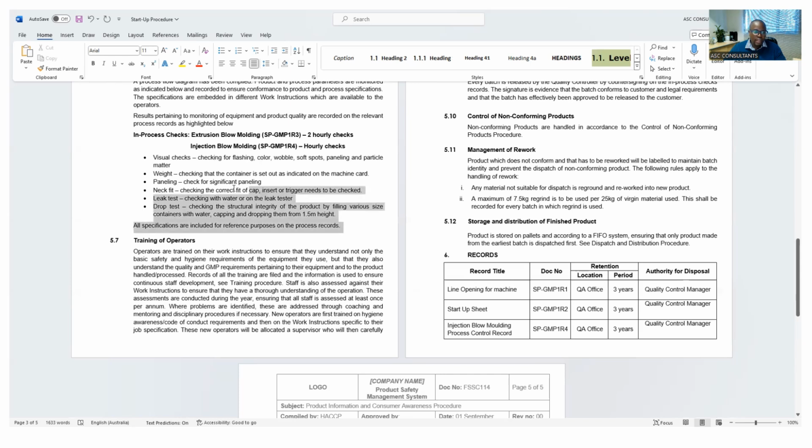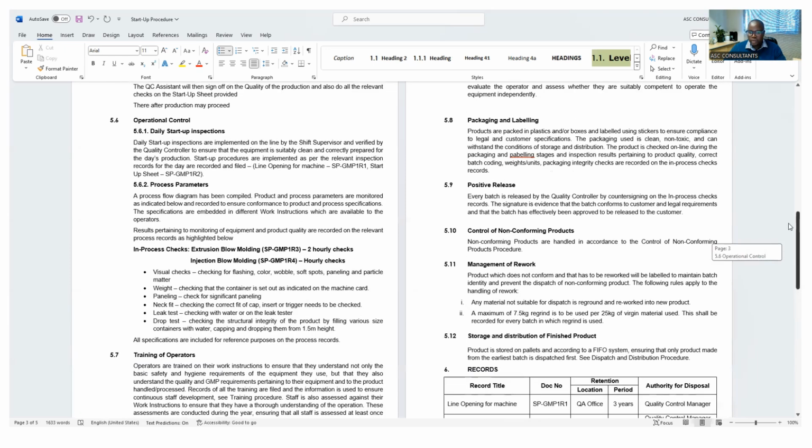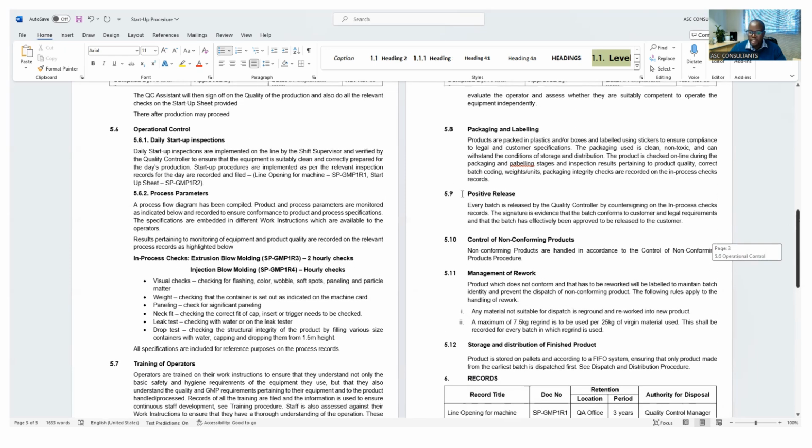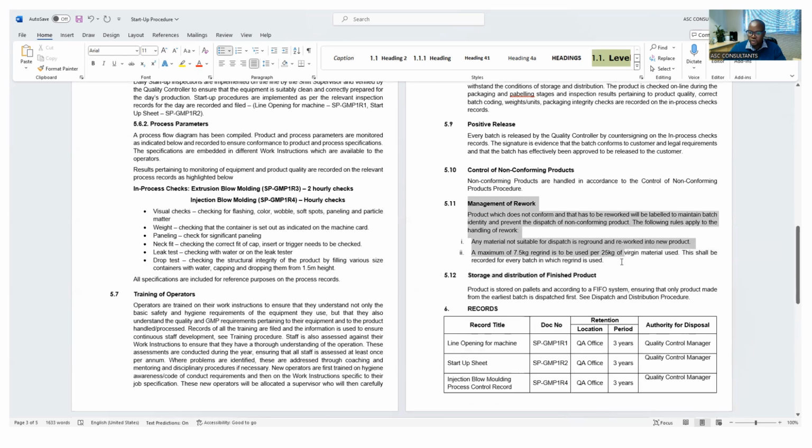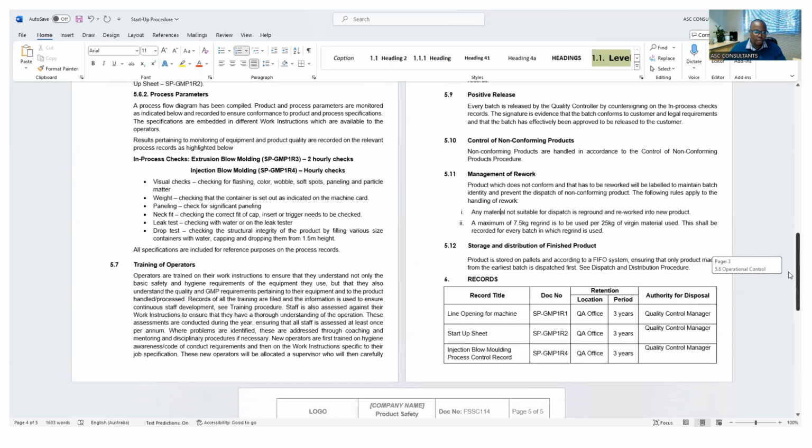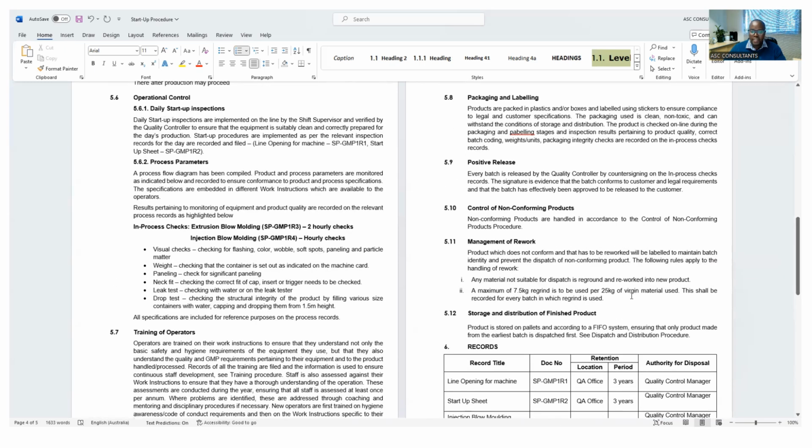Then we go further to explain the things that we'll do, including the neck fit, the leak test, the drop test, the quality parameters that will need to be done to ensure that the product is in fact what is expected. It goes on to speak about management of rework, how we're going to manage rework. We are saying that a maximum of 7.5 kg regrind is to be used per 25 kg of virgin material, for example. So this is how we will maintain it.